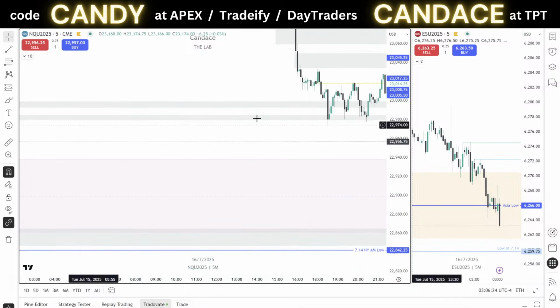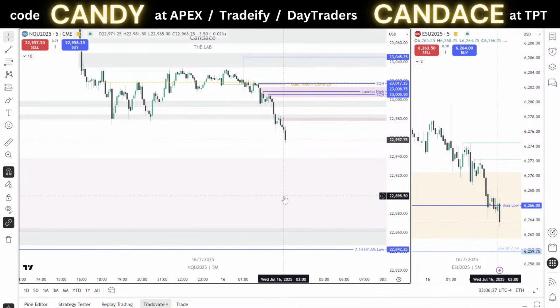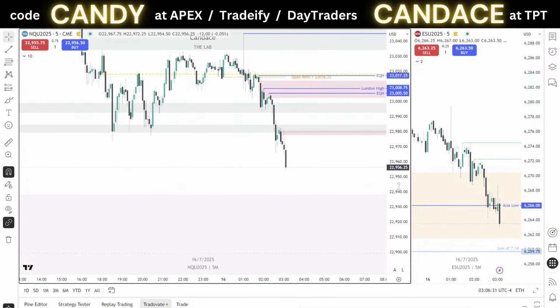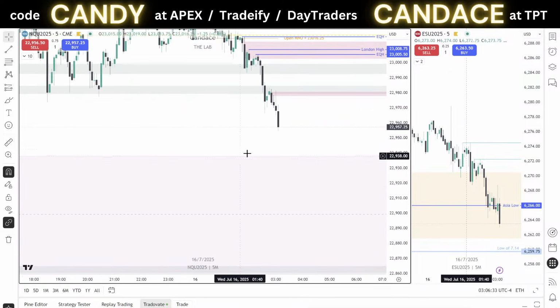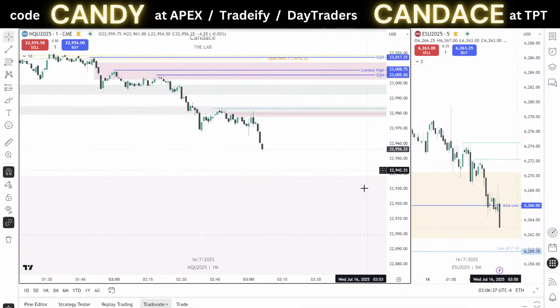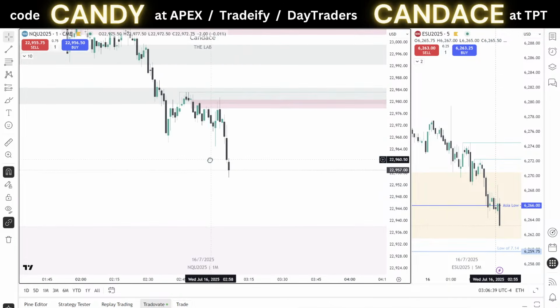When it comes to the midpoint of the M1, I don't want to take any short position with the current condition. I'll wait for another long. And if the long setup didn't appear, then no change.